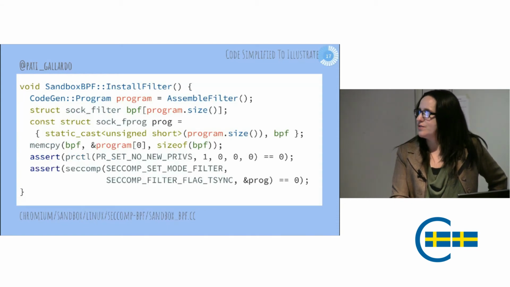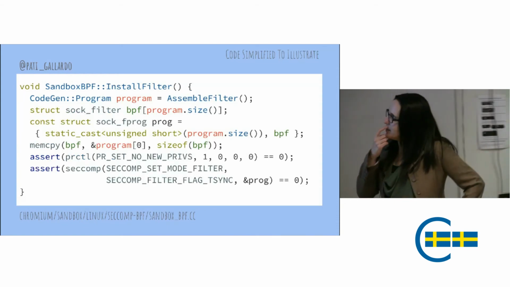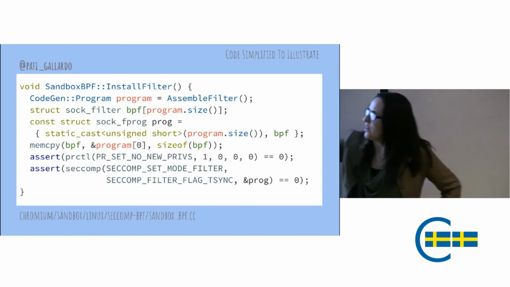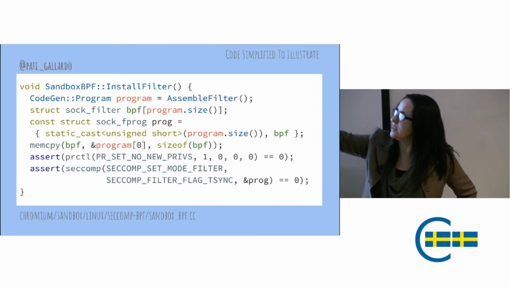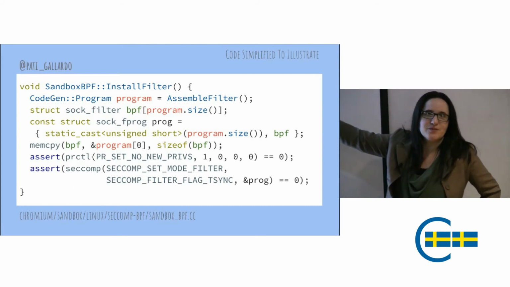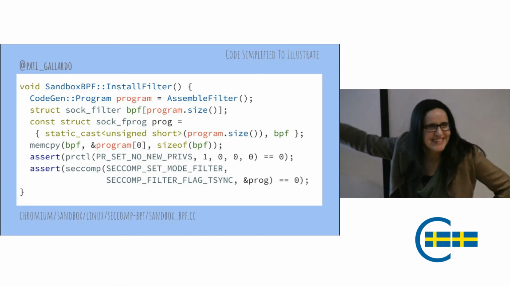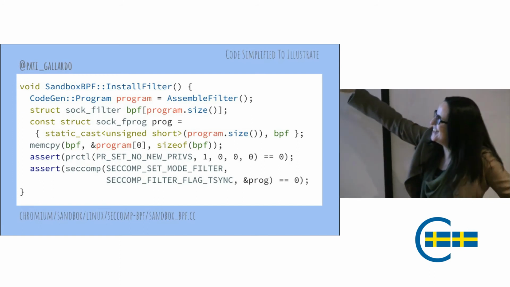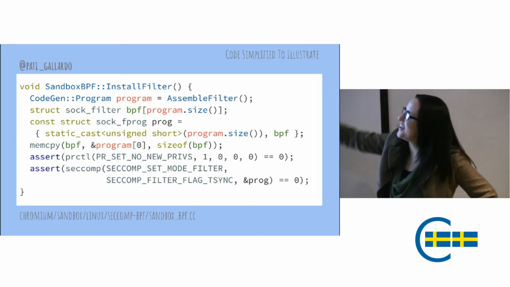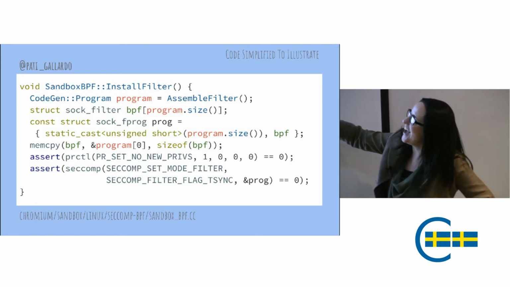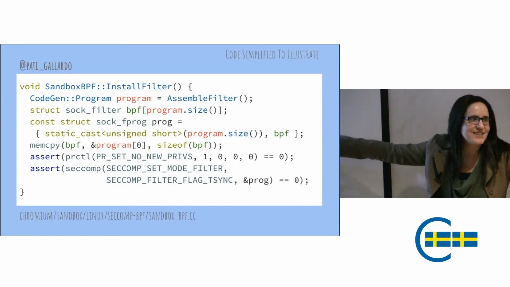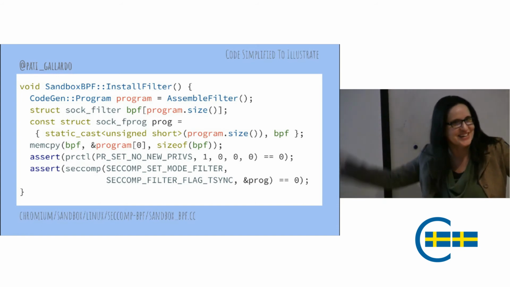So we go to install filter. Here that's assemble filter, and then you have a program. And then it will make a struct and take the size of it. This is now quickly decomposing from fancy high-level C++, and you have just a plain mem copy. Coming from the last talk, it has deteriorated rapidly here.